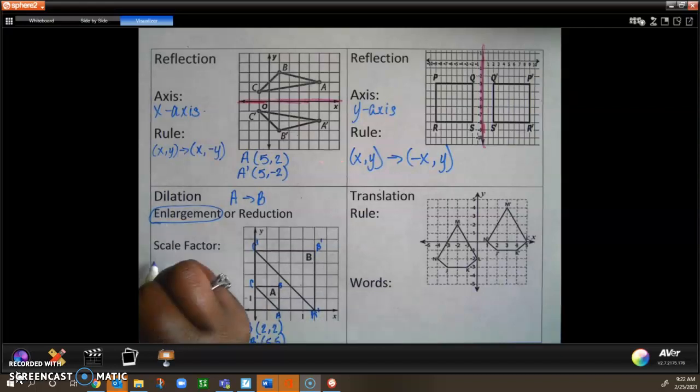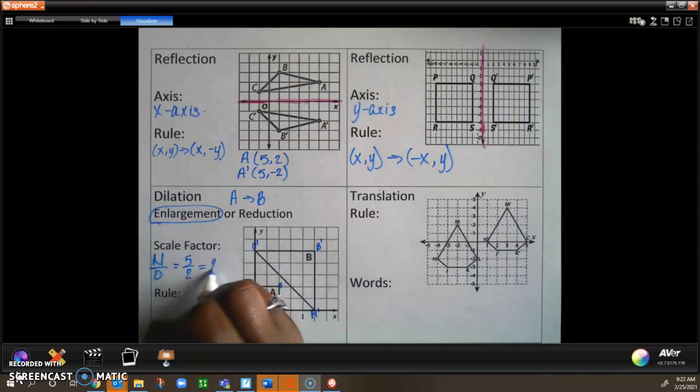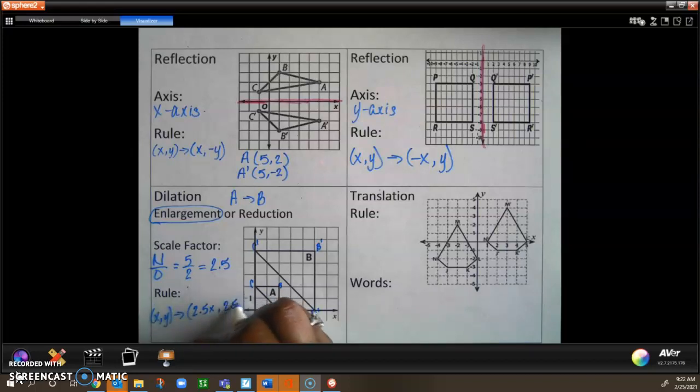So remember, in order to find my scale factor, I need to do my new over my old. So my new y or x value is 5. My original is 2. So 5 halves is 2.5. Okay, so our rule becomes (x, y) dilates to (2.5x, 2.5y).